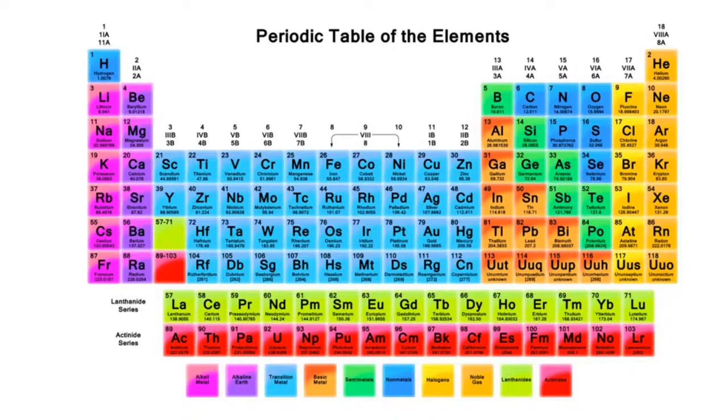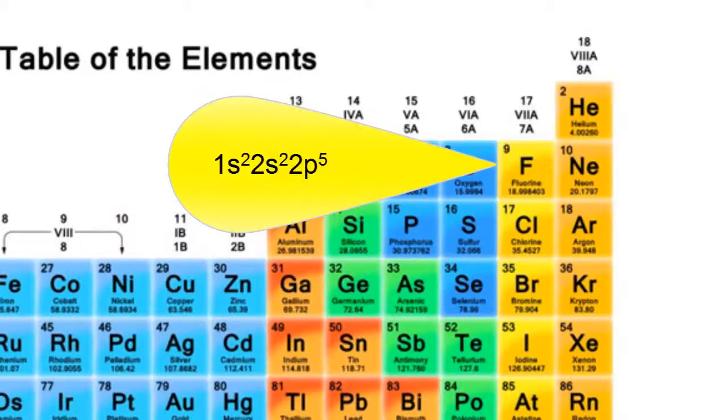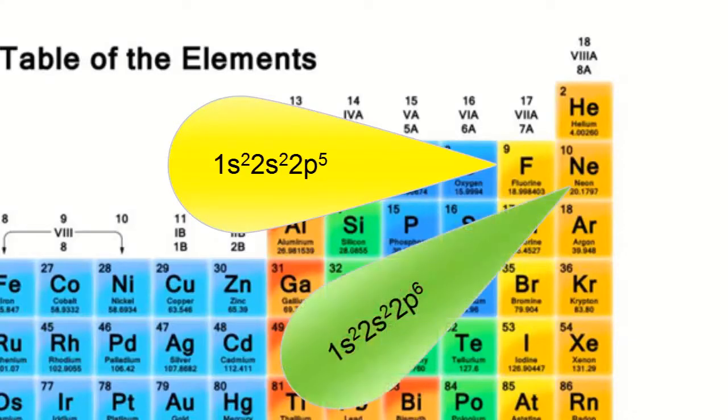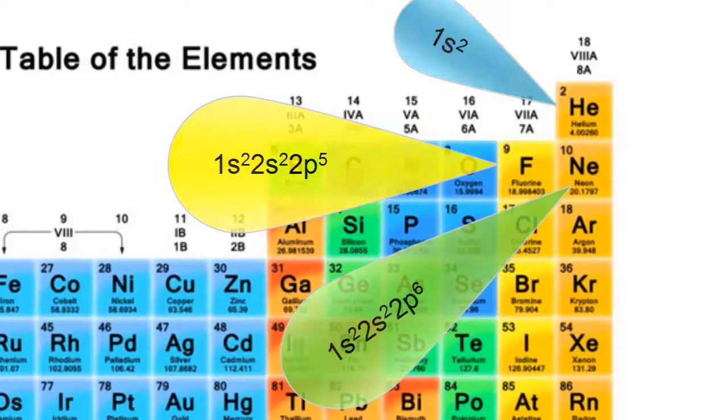So let's look at a halogen, fluorine. Fluorine's electron configuration is 1s2, 2s2, 2p5. It is short 1 electron from being like a noble gas, neon. Therefore, fluorine, rather than lose 7 electrons to be like helium, will gain 1 electron to be like neon.